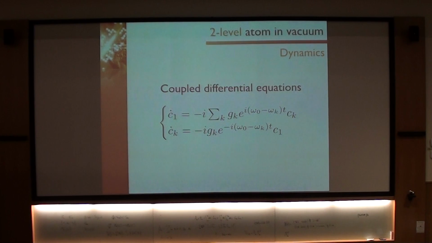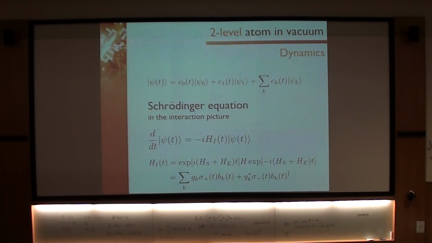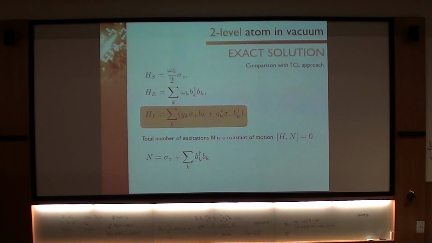So I have this in the microscopic model, which was here. In the interaction Hamiltonian, I have these coupling constants that say how strongly my two-level atom is coupled to all of the modes.